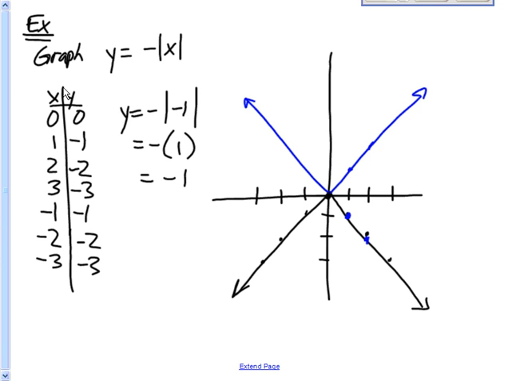Flip the V over, and what we call that is a reflection about the x-axis. Okay, this is the x-axis. It took every point, like this (3, 3), and flipped it over down to here, (3, negative 3). Reflected it about the x-axis, okay?